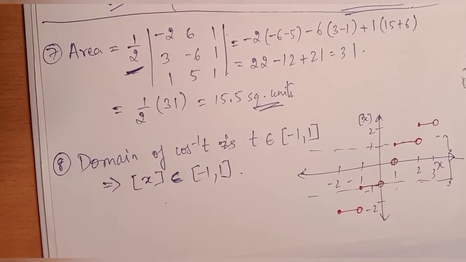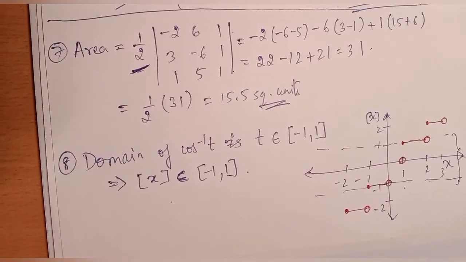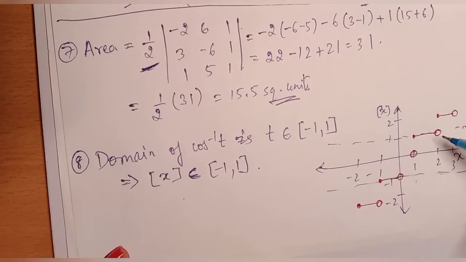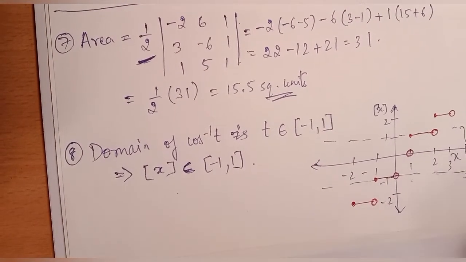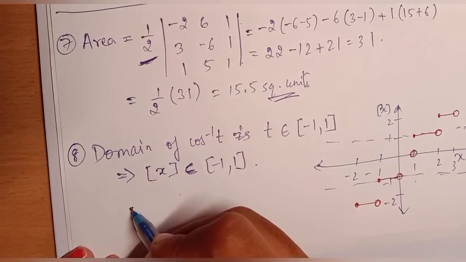That is the greatest integer function. So here we know what all is inside and what all is outside. We get that from the graph.